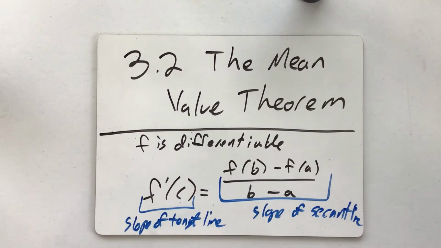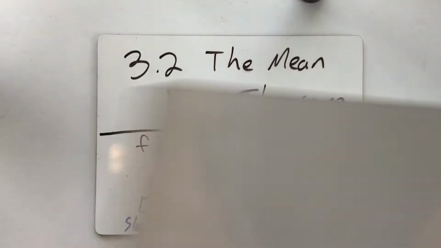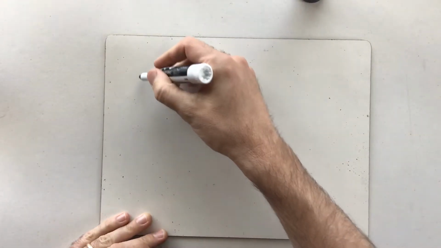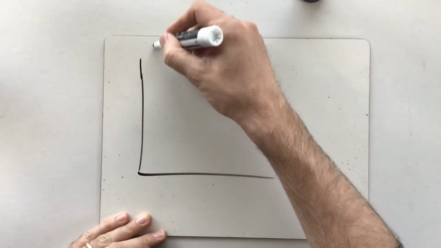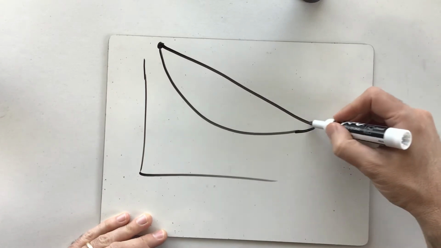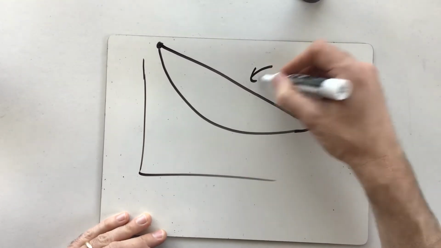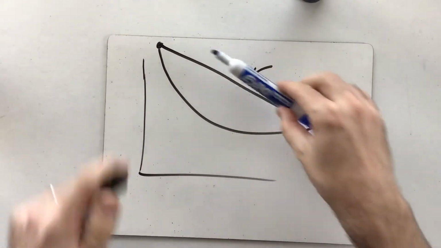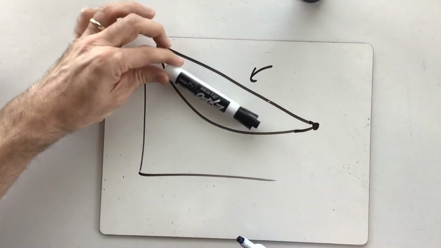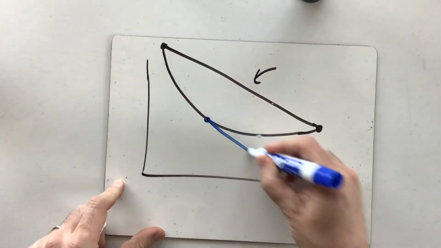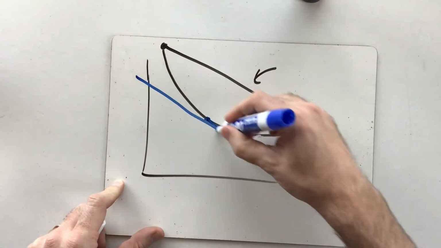So what this problem is saying in graphical terms is that if I have a graph that looks like this, there's a secant line right here, and if I take that secant line and kind of move it over, I hit some point on the tangent line that has the same slope as that secant line.